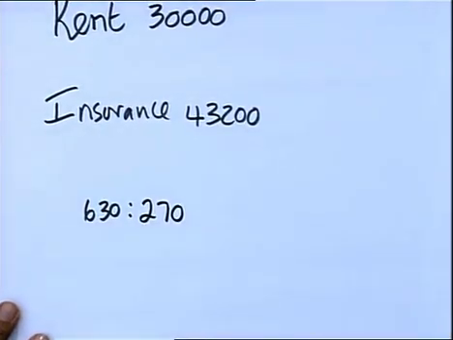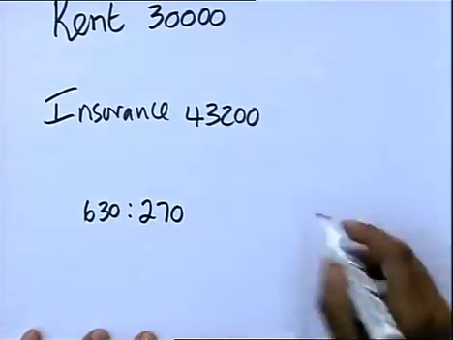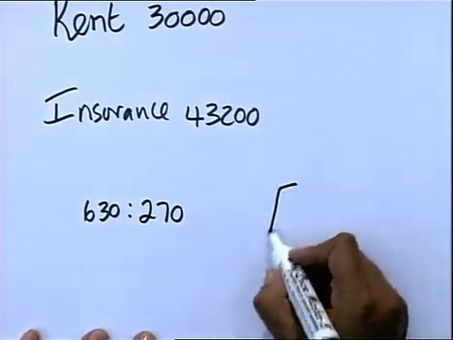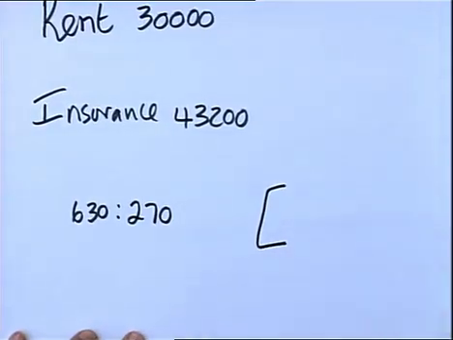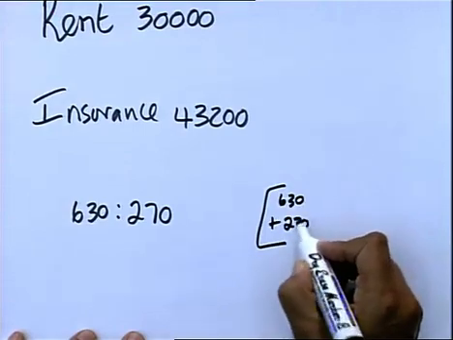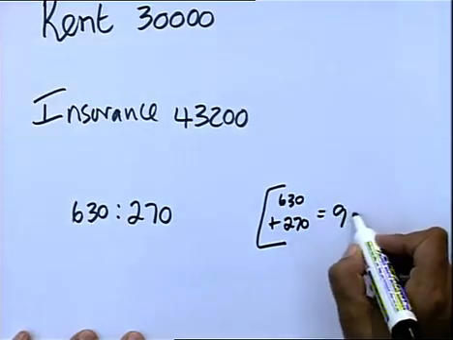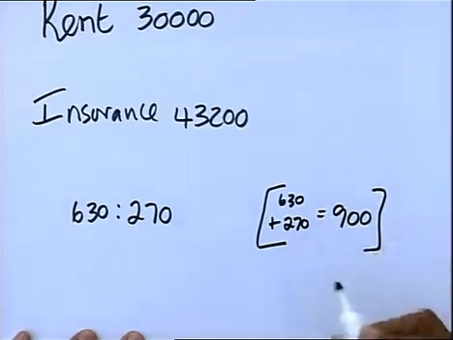So now, what is the total square meterage? We're going to add the two together. To work out the total square meterage, we take 630 plus the 270. Okay, let me just put on my calculator here. 630 plus the 270, and we get 900. So the total square meterage is 900.